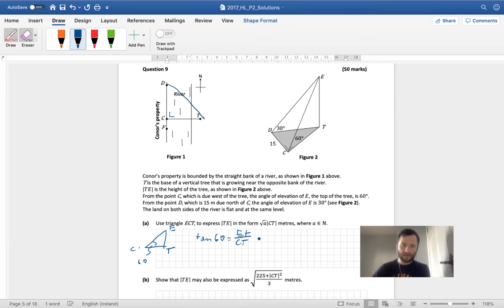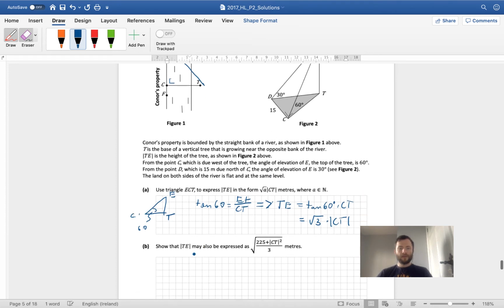ET or TE, same difference. So TE is equal to tan 60 by CT, and that's given by root 3 times CT, and obviously this has to be length of CT, so root A CT.